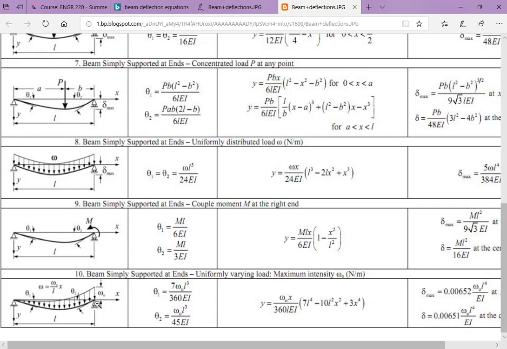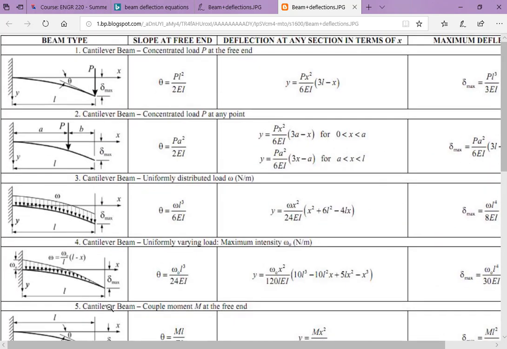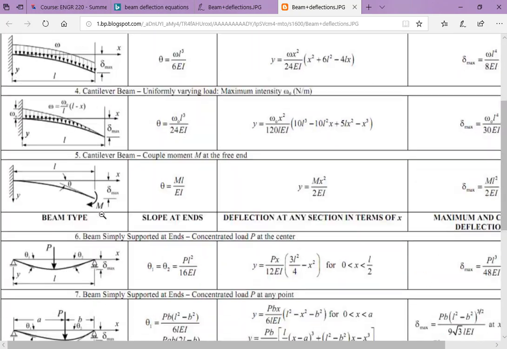We're not going to deal with those, but obviously there are those available. This is a pretty common looking chart. One thing about these charts is that they only ever, that I've seen, show a single load on a beam. So a single point load not at the end, single distributed load, and so forth.